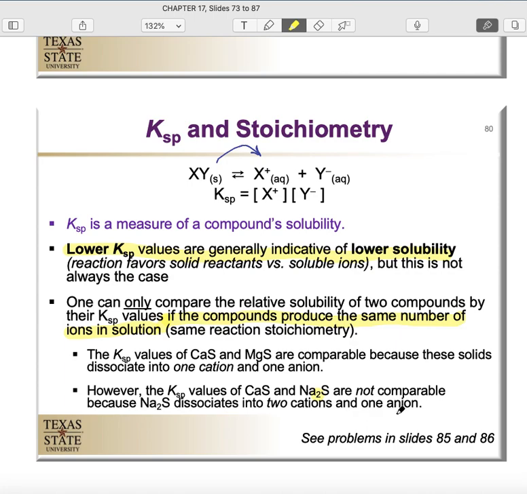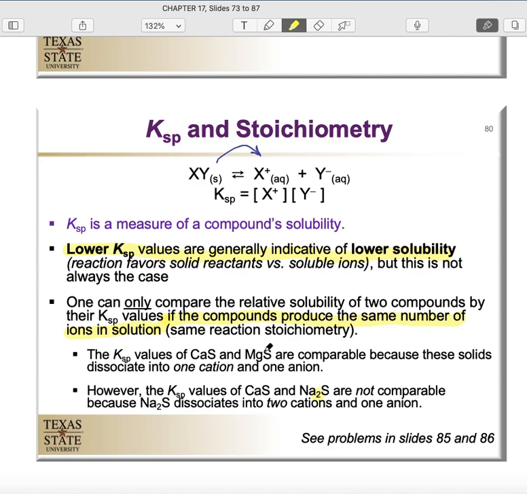We would actually have to go in and set up the problem properly to be able to account for the different number of ions to find the solubility. But for this particular case, we can just go and look at the Ksp value of these two. Whichever one has the greater Ksp would have the greater solubility.